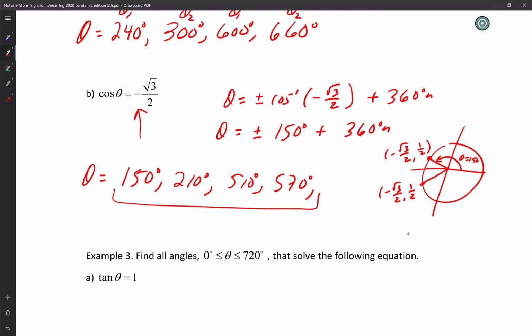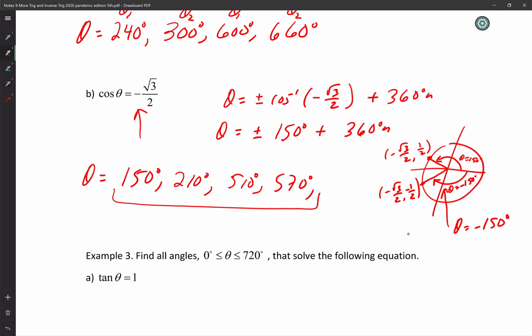Does everyone agree that this is also 150 degrees, but in the negative direction? Do you guys agree that that's negative 150 degrees? Yes, negative half. So that's why it works, guys.